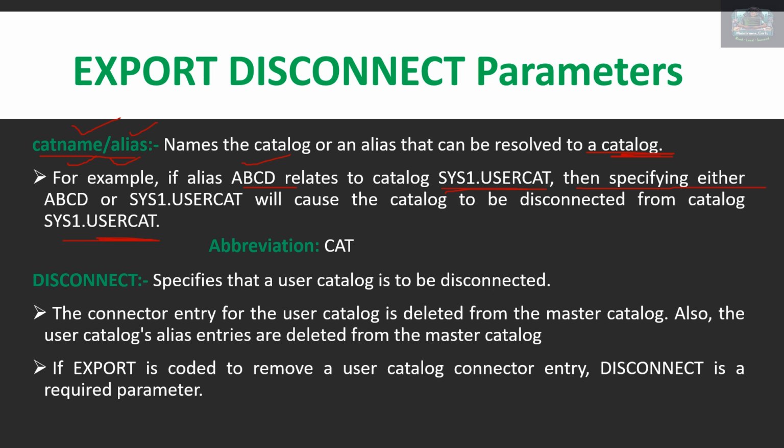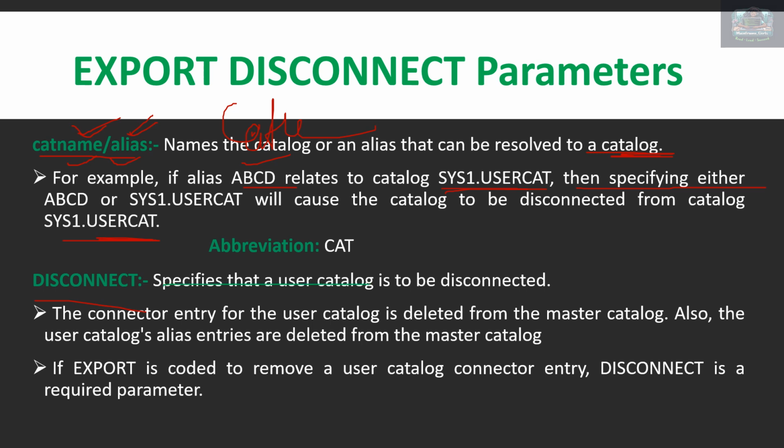So in the catalog bracket, if you give either the alias or that particular user catalog name, that will be disconnected. And the third parameter, disconnect, which is another important parameter, specifies that the user catalog is to be disconnected.